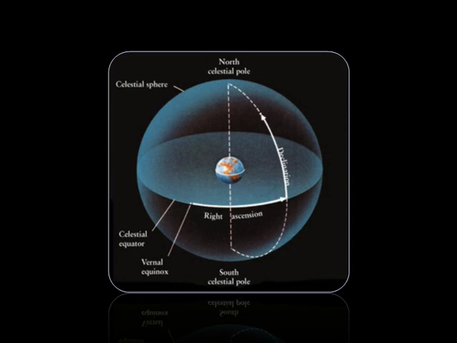Right ascension and declination is not altogether different from latitude and longitude. There is a line on the Earth that is considered to be 0 longitude. We call that the Greenwich meridian, because it happens to run directly through Greenwich, England. And then we measure angular distance 360 degrees around the Earth in a sequence of vertical lines called the longitude.